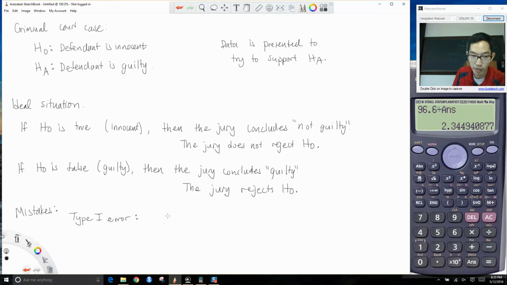Right, so type 1 error is rejecting the null, but in reality, the null is true. So in that case, the jury says guilty, but the defendant is actually innocent.